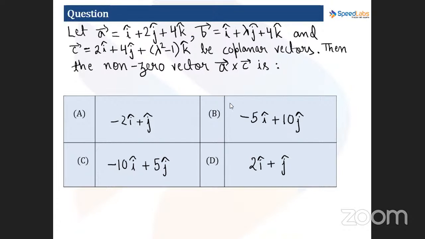Just apply all the conditions. Yes, now it is perfect.